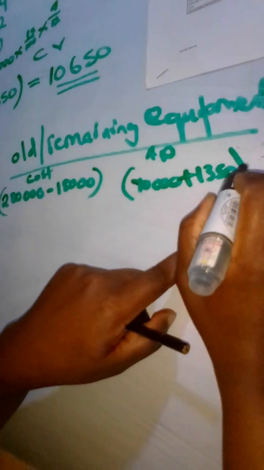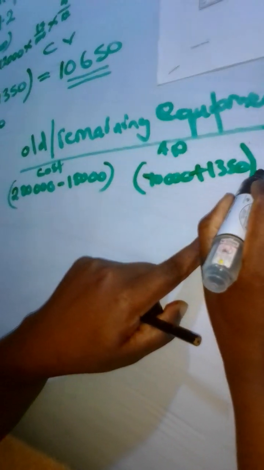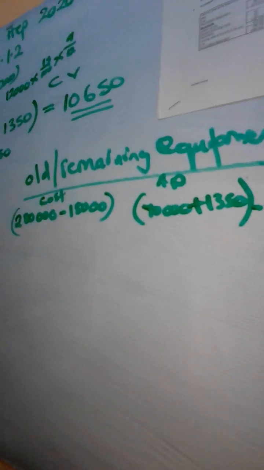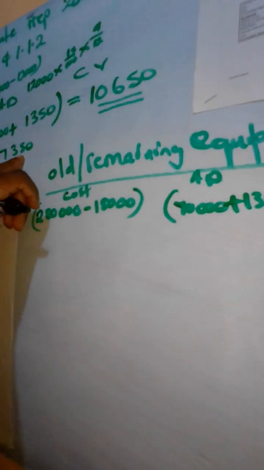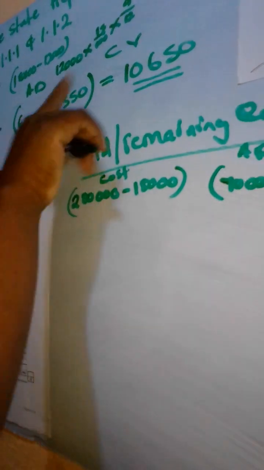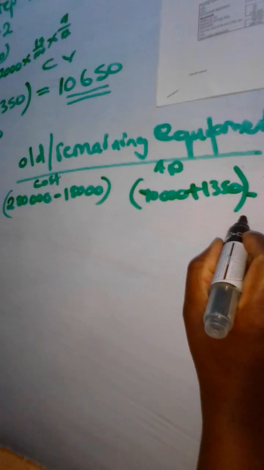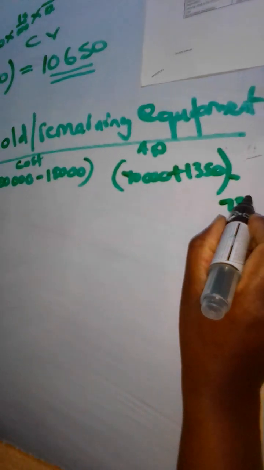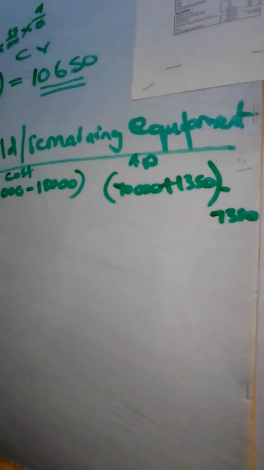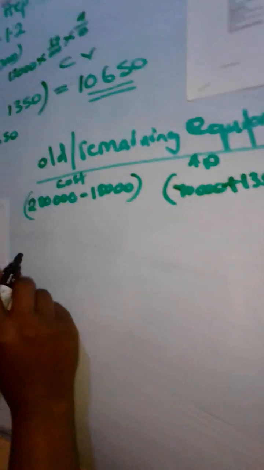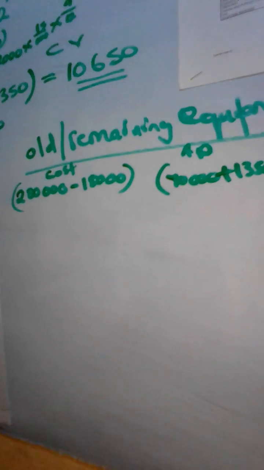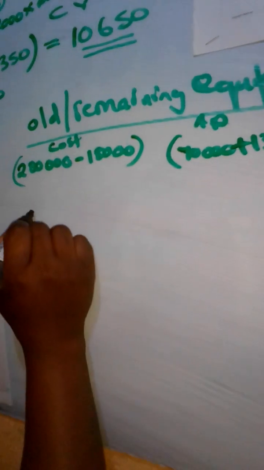And then we are going to remove the accumulated depreciation for the asset that was sold. We don't need it in our books anymore, which is 7,350. So here, 280,000 minus 18,000, we remain with something like 262,000.